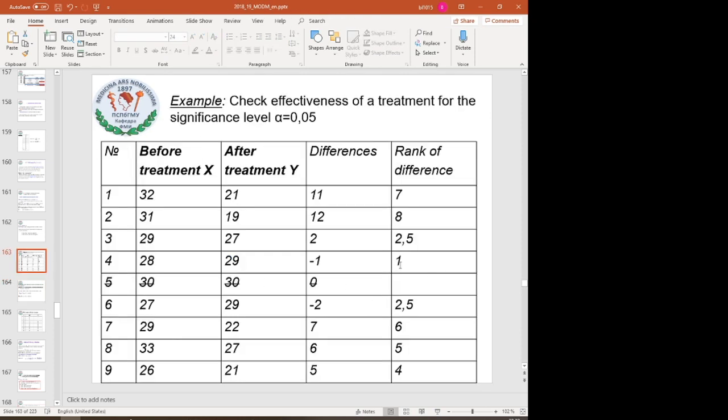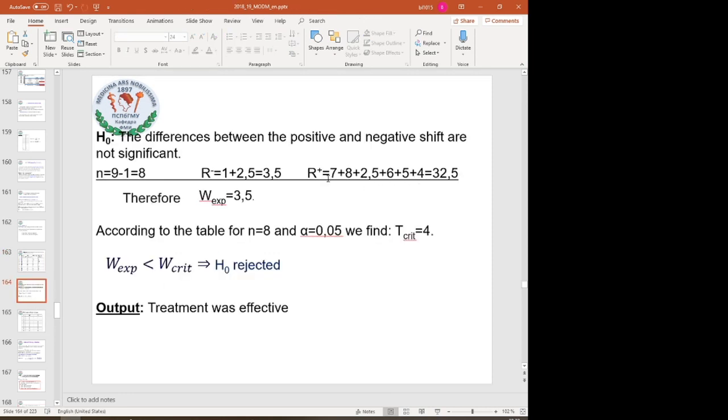And the positive sum of ranks is 32.5, and the minimum of those two values is 3.5. So according to the table, for n equal to 8 and alpha 0.05, we find the critical value is 4.